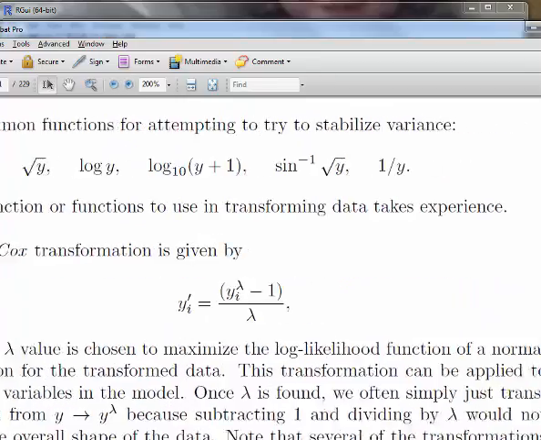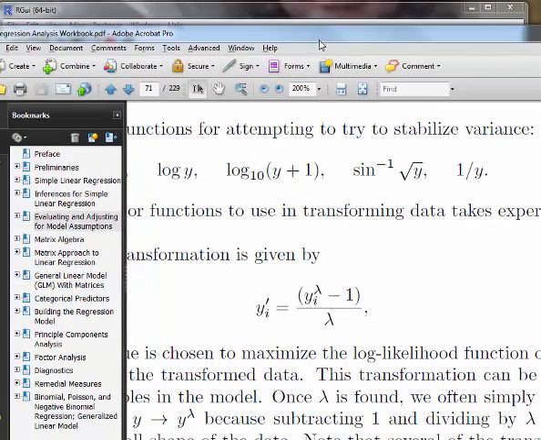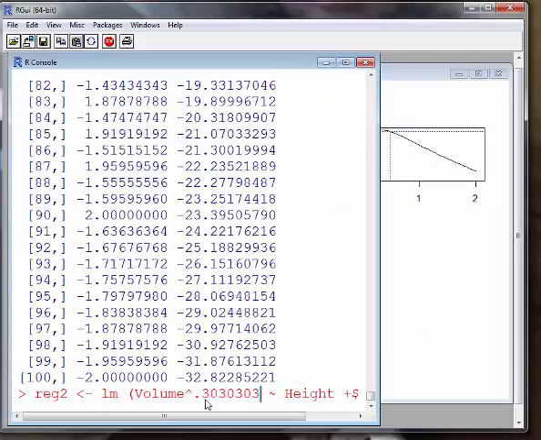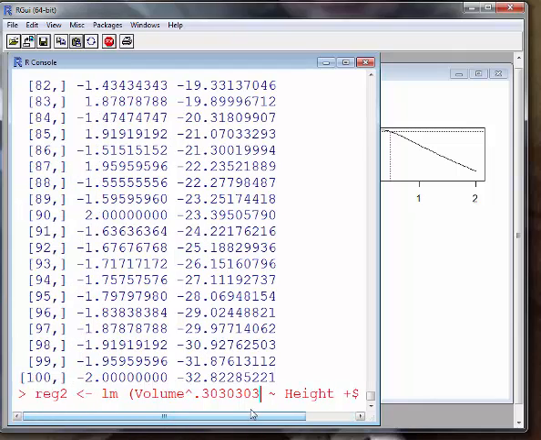You take the y values raised to the lambda power, and then subtract 1 and divide by lambda. Well, sometimes we don't bother subtracting 1 and dividing by lambda once we find the lambda, because all you're doing there is shifting by 1 and then rescaling. Okay, so it's not that important. I'll just raise the y variable to that lambda power and then model this on the height and girth predictor variables.